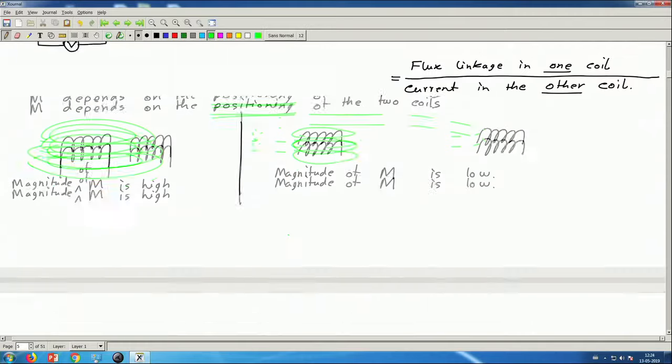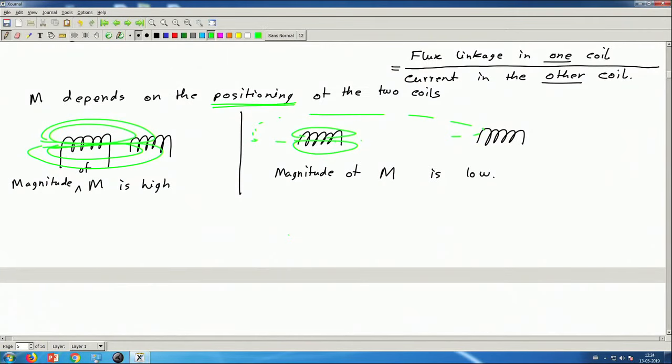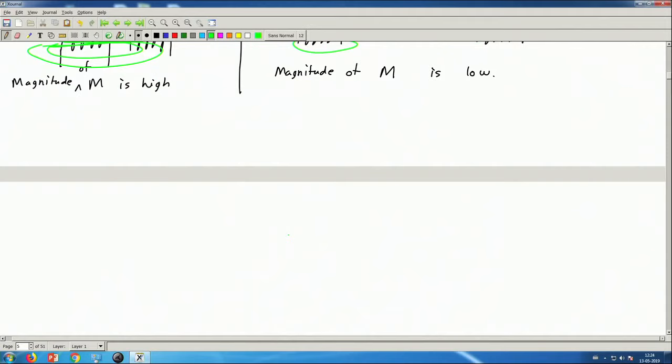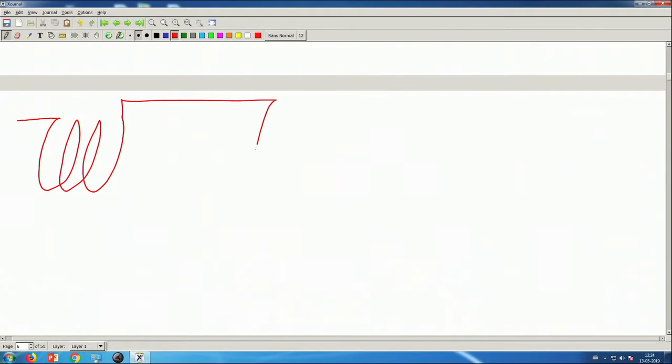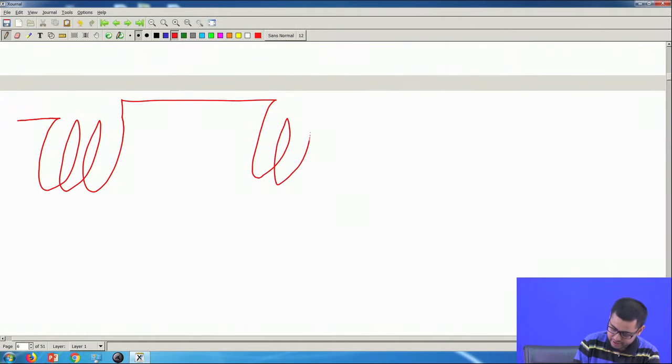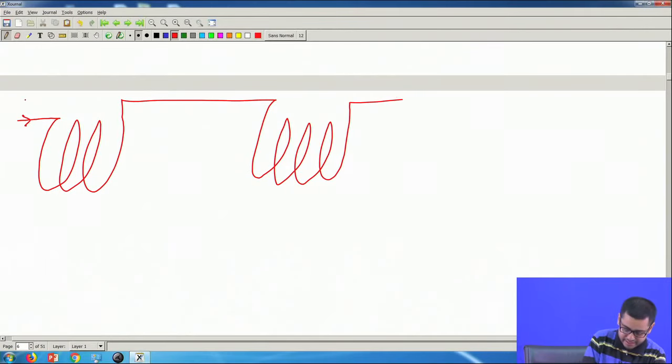It also depends on the angle between the two coils. So, let us consider our electrodynamic instruments, where you recall that we have two pairs of coils. This is one of the fixed coils, this is another fixed coil, and they may carry some current IF, and we have a moving coil between these two.